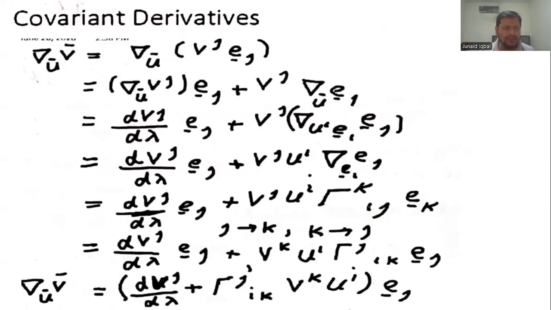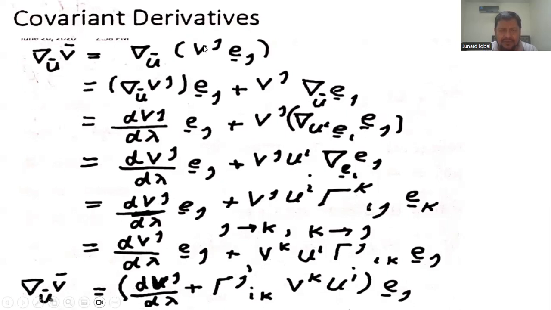So how do we obtain the covariant differentiation of vector V with respect to U vector? Here, vector V can be written as V super j, e sub j. V super j are the components of the vector V, and e sub j are the basis vectors. So according to the product rule of differentiation, we apply the multiplication rule of differentiation.